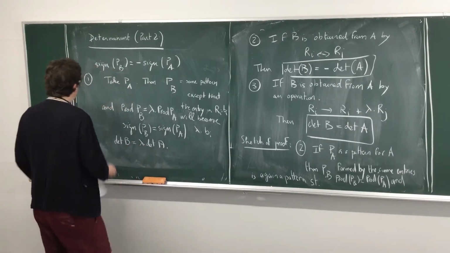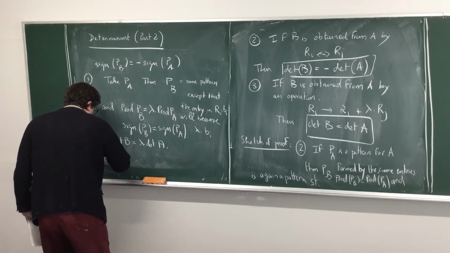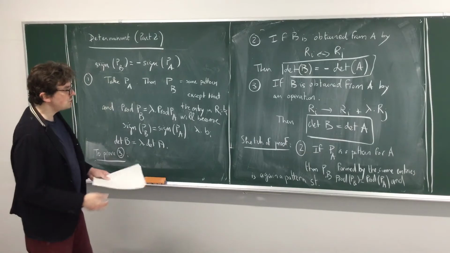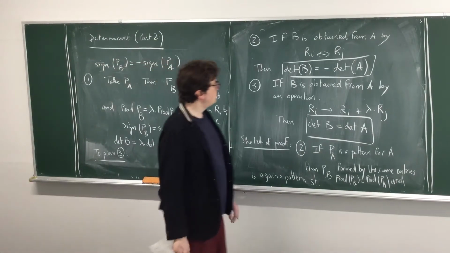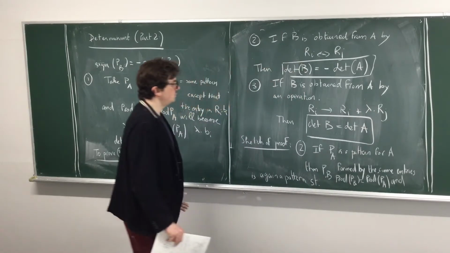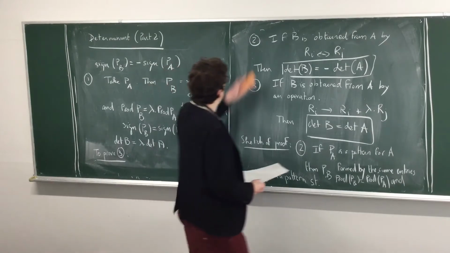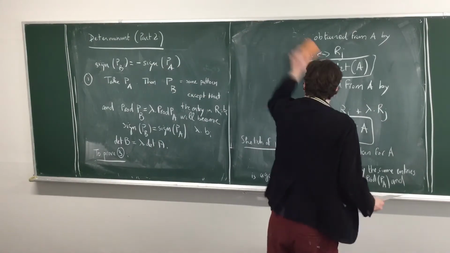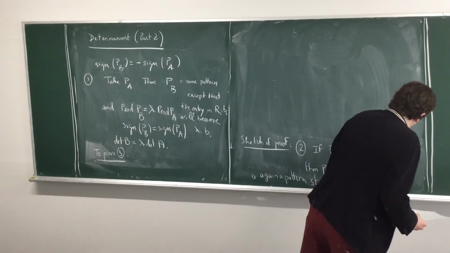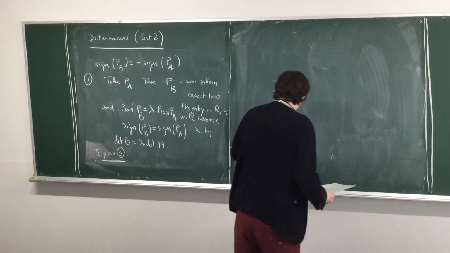Now, to prove 3. So 3 is the most surprising because the operation is quite complicated. You replace a row by a multiple of another row. The surprising fact is that the determinant is not modified. In order to prove 3, I'm going to give you just an intuition that this is working.